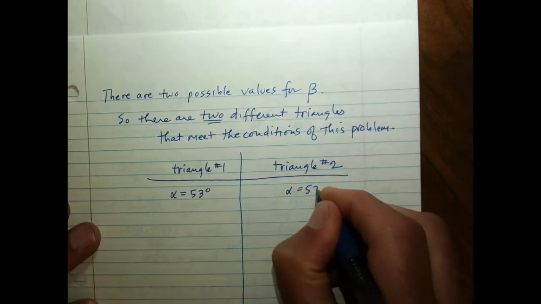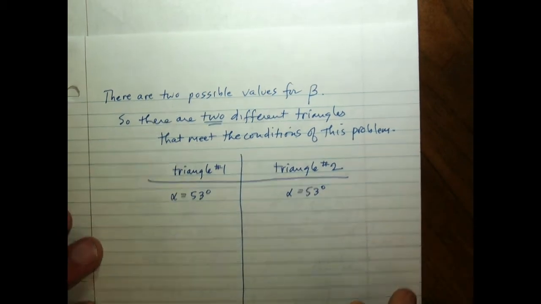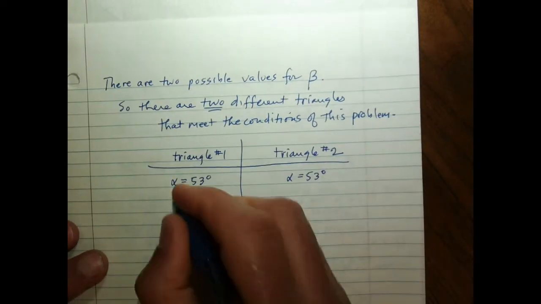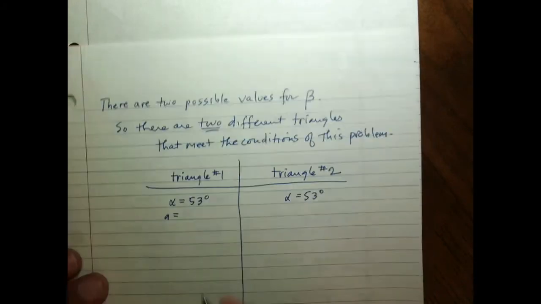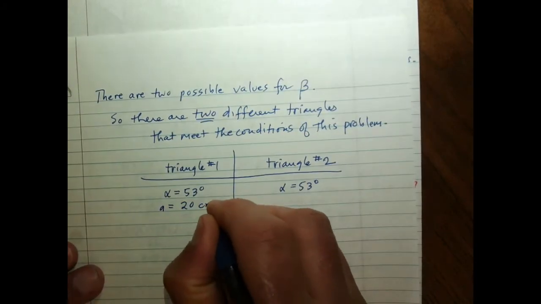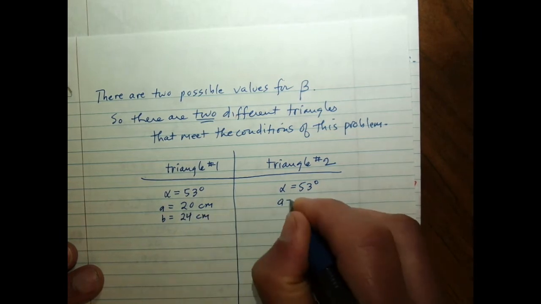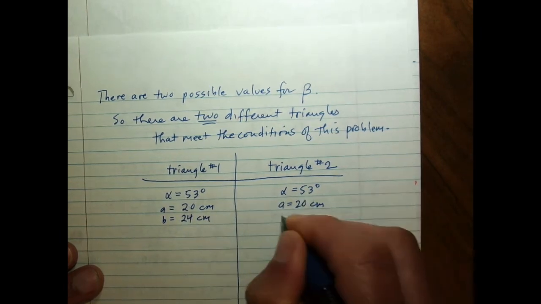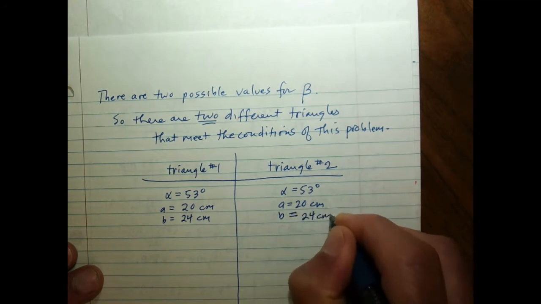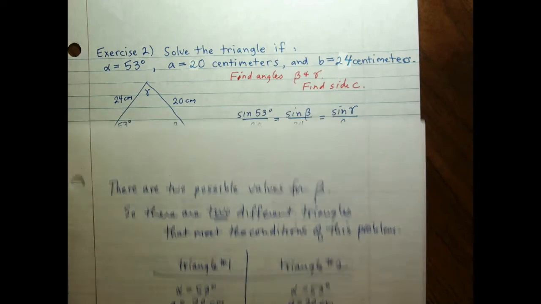So that's true for both possible triangles. We also knew that A was 20 centimeters, B 24 centimeters for both possibilities. So that's the same for both answers.